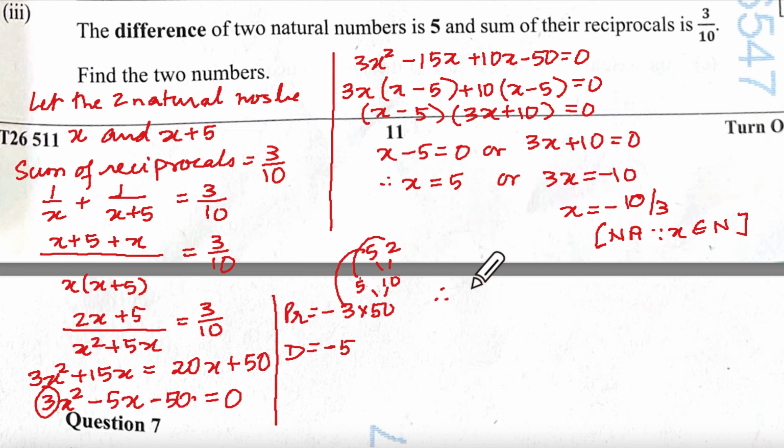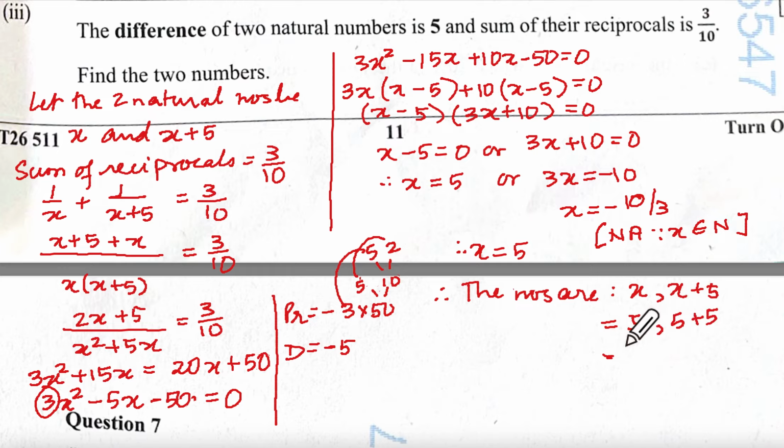So therefore x equal to 5, and then we will say therefore the numbers are x comma x plus 5, which is equal to 5 comma 5 plus 5, which is equal to 5 and 10.